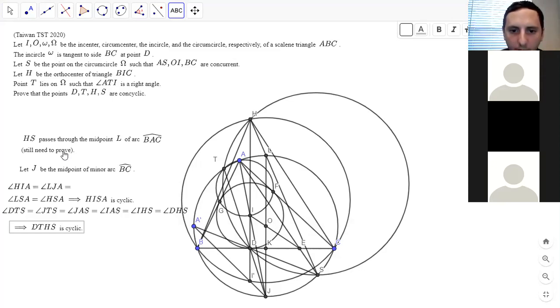Maybe we could use projective geometry somehow. Because BLCJ is harmonic, we could try to project it through S onto line HI.